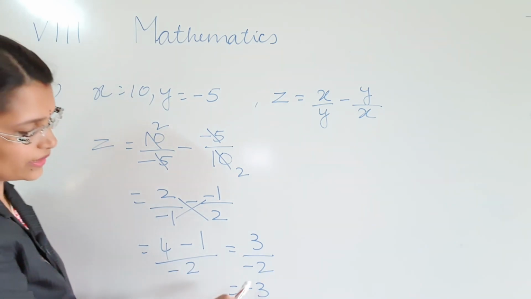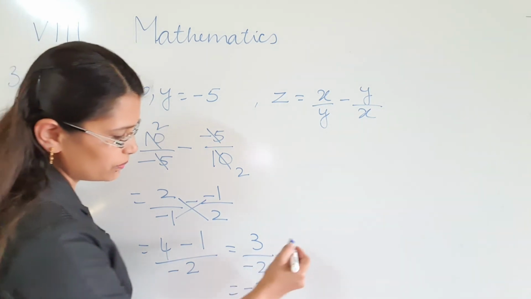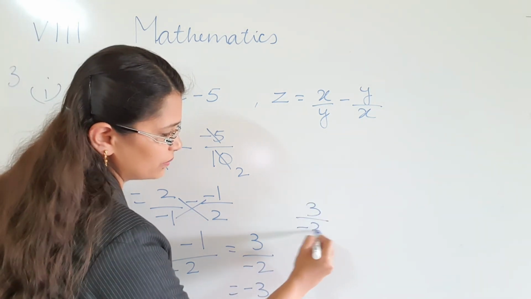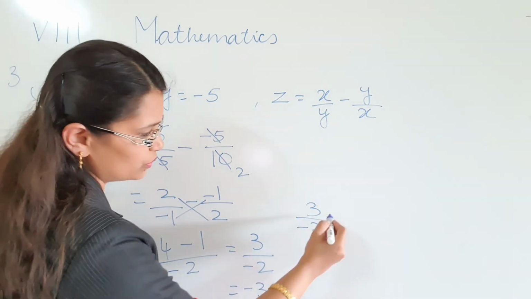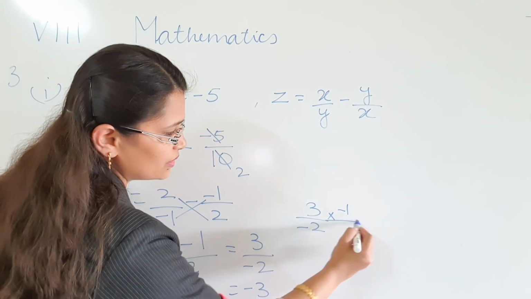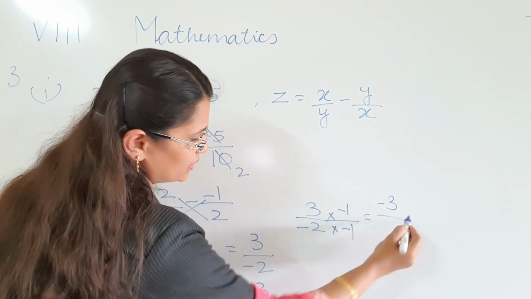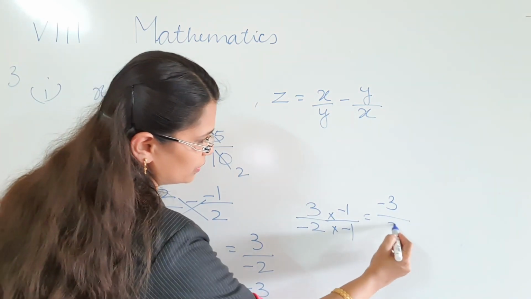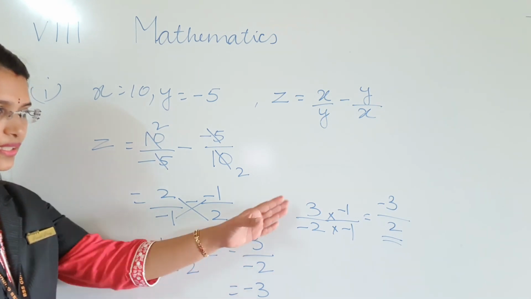Actually, how did you get this negative sign up? What is the logic behind this, children? 3 by minus 2 here. We have to make the denominator positive. So, we have to multiply with negative 1: 3 into minus 1 is minus 3, divided by minus 2 into minus 1 is equal to 2, so minus 3 by 2. This is the logic behind that.